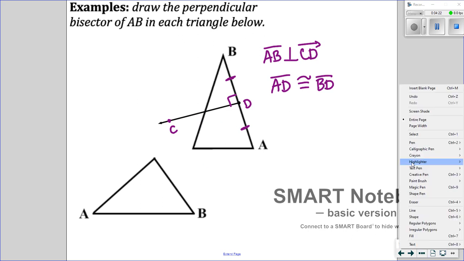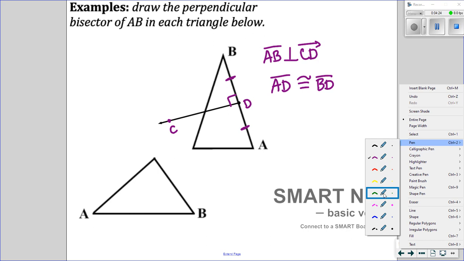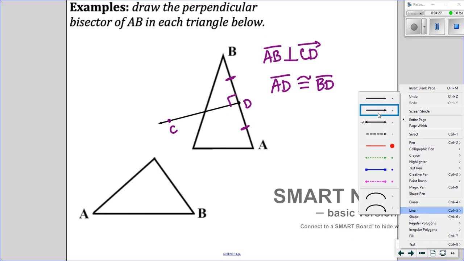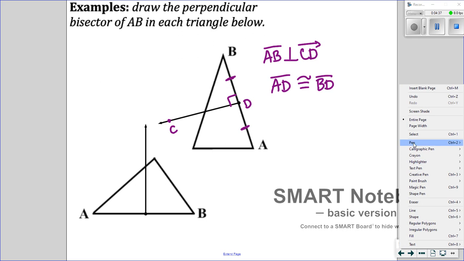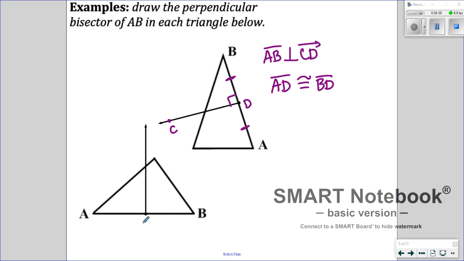Now I'm going to draw another one on the other triangle. I'm going to use my line. Find the midpoint. I'll say right here, and you just draw it straight up. And I'm going to label. I'm going to use another color. So I'll make this F, and then this will be E. So now this will be perpendicular. So that means AB is going to be perpendicular to EF.